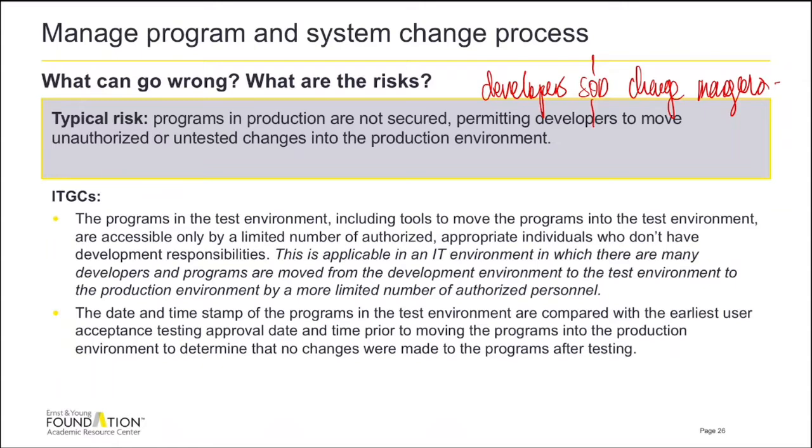The change managers are the only ones who can move from the testing environment to the production environment. So the developers cannot access the production environment. They go straight only. When it's ready, after approval, the change managers would get the software from the testing environment and move it towards the production.